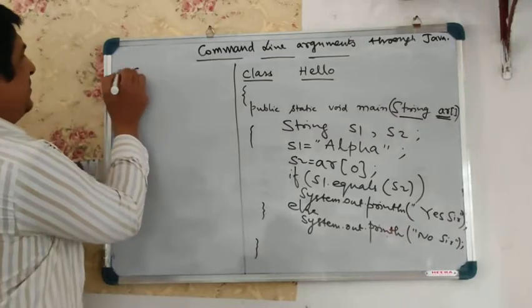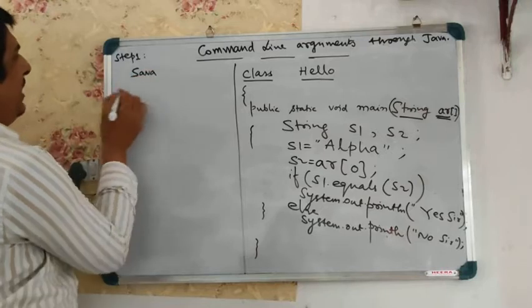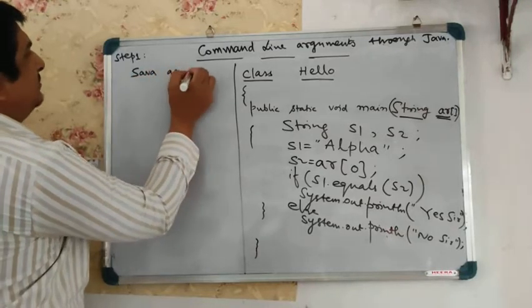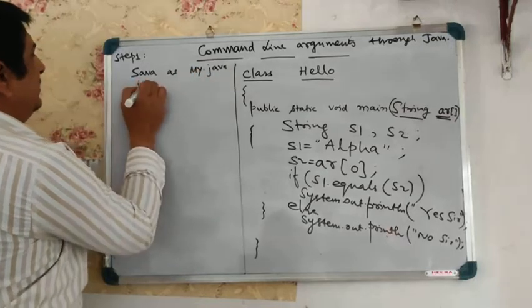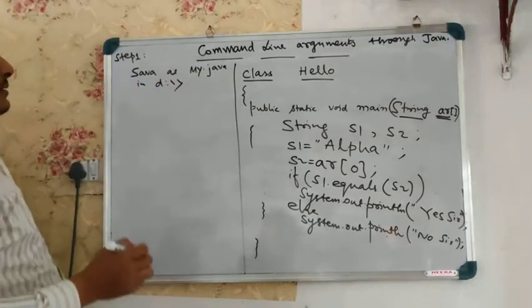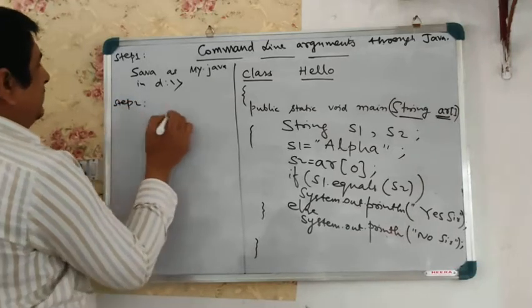Now step 1, save as Hello.java in D drive. Step 2, compile.